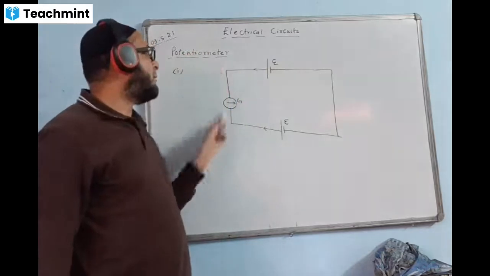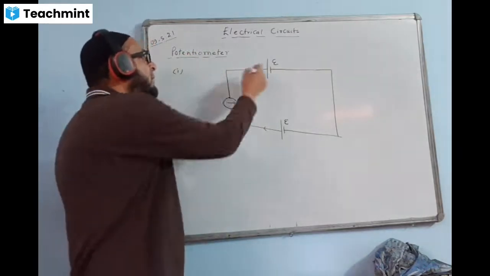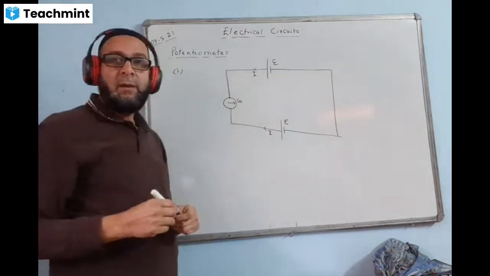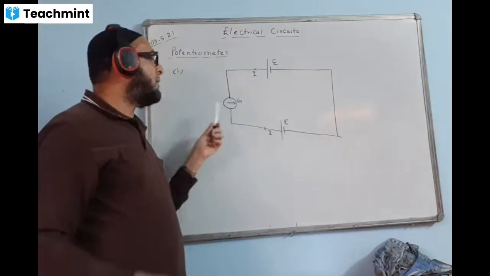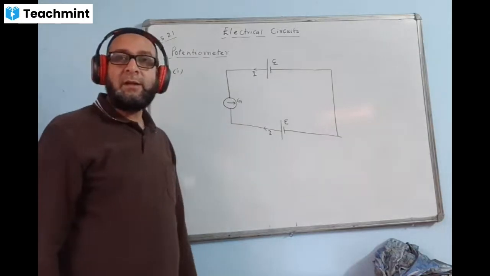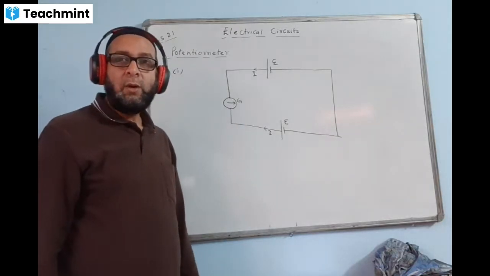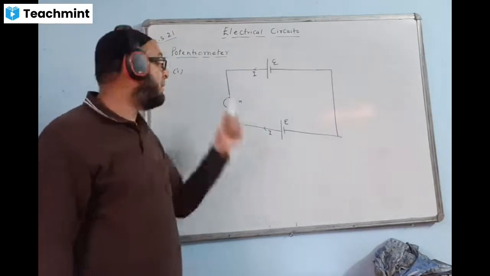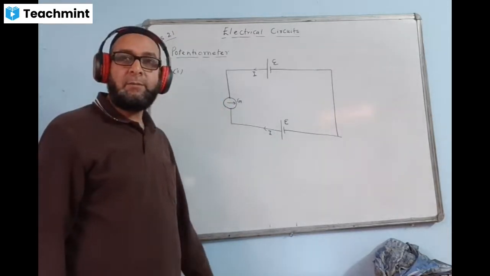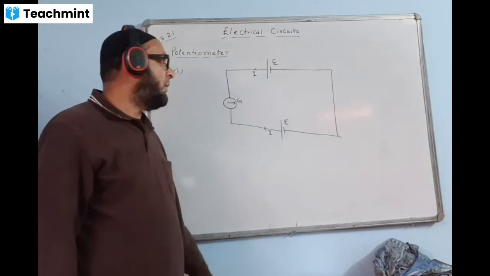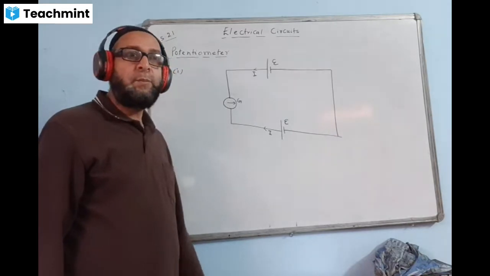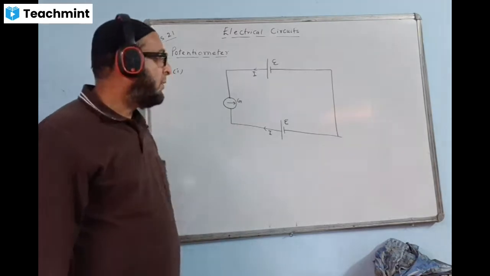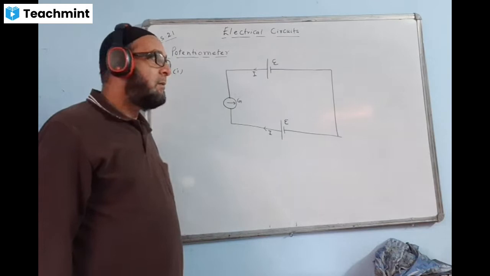When they give current in opposite directions, what is the net current? Current of this one is I, current of this one also will be I, because same EMF. The two currents are in opposite directions, so the net current in the circuit will be zero, and the galvanometer will give null deflection, zero deflection. This is the first principle of the potentiometer: principle of two potential differences in opposition.